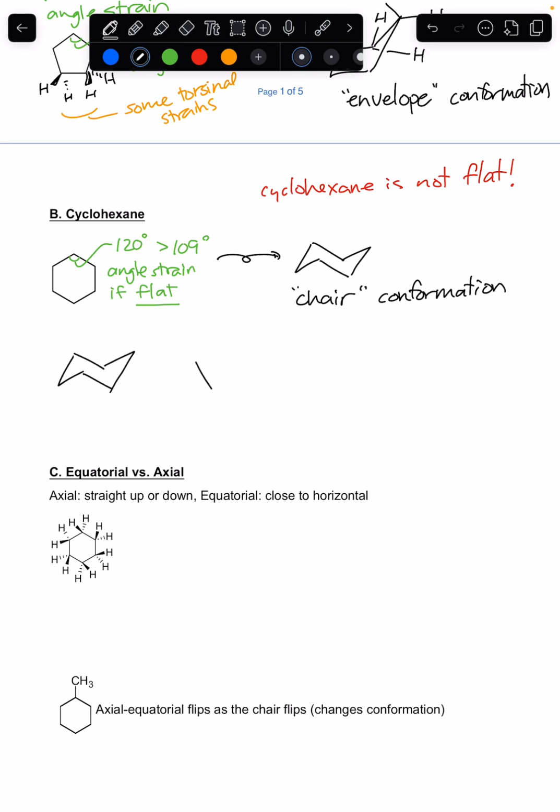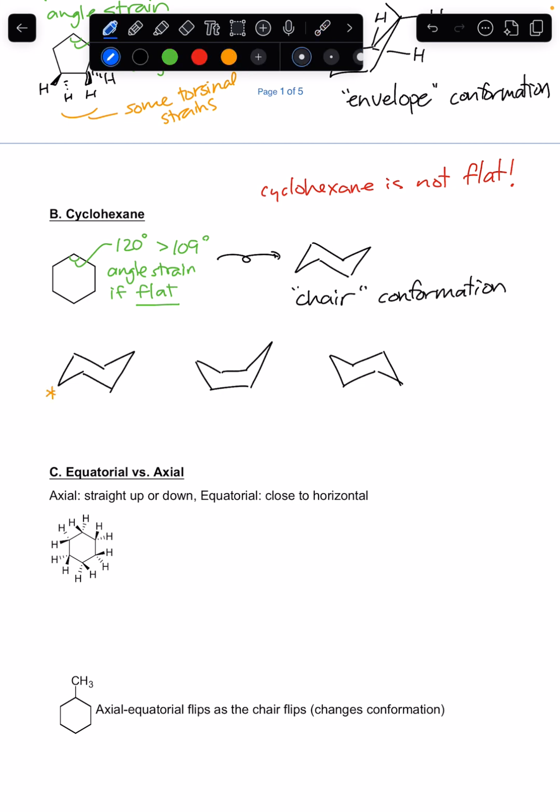What's going to happen is it goes through an intermediate conformation called the boat conformation, and then the chair flip completes like this. The reason this is important is that once you put a substituent on these chairs, predicting which conformation it prefers is going to be important to predict what the molecule wants to do. So this is a really important skill, and for that reason we're going to put a lot of emphasis here.